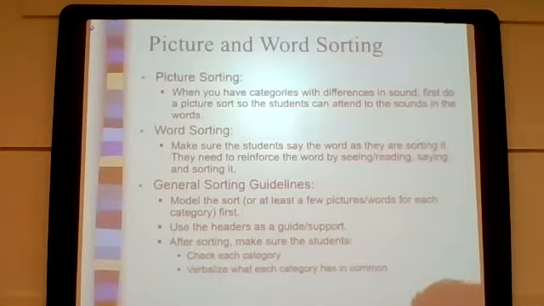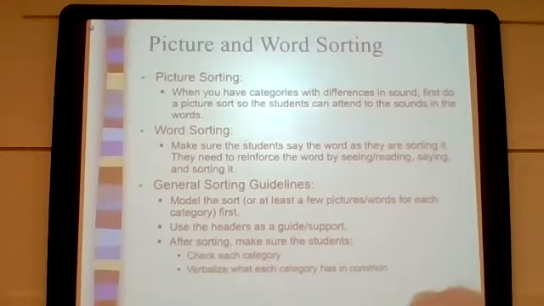But we're going to use headers as a guide and support for our students. In the letter name stage, the headers are going to have words and pictures in them, and you'll see an example in a minute. After sorting, it's important to also make sure that we check each category, and then we have the students verbalize what each category has in common.